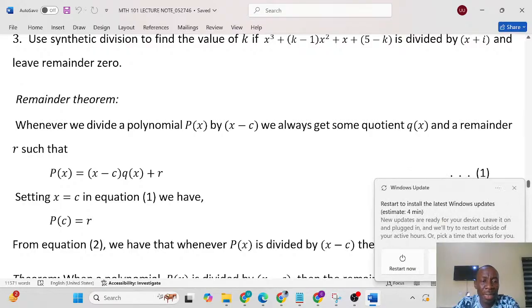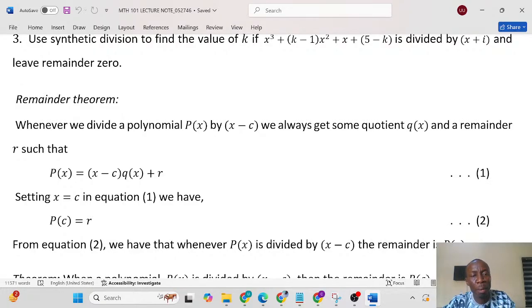When we set x to be equal to c, it means that equation 1 will reduce to p of c equals what? r. Because that will give us x minus c, q of x. x minus c will give us 0. And as we know in mathematics, any number multiplied by 0 is 0. So p of c will be equal to r.